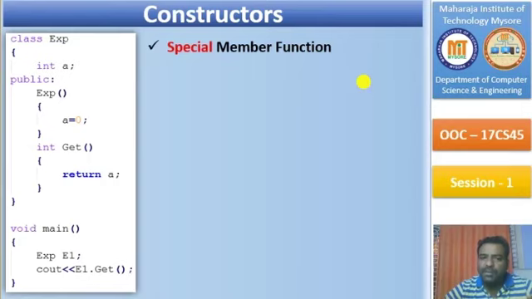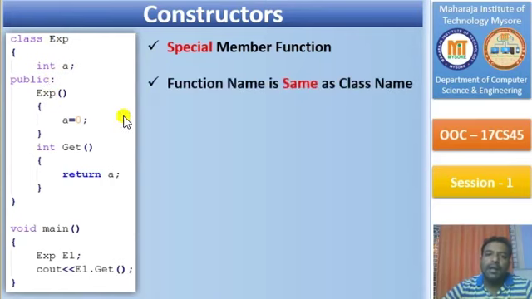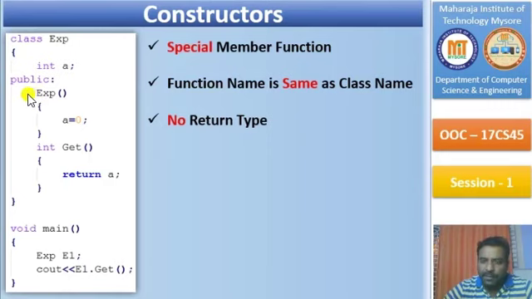It is special because its name is identical to the class name, the function name is the same as the class name. That is the word identical I'm talking about. The constructor doesn't have any return type, as I mentioned. Implicit function call, so remember this. As I told, nowhere do I have a statement to call a constructor.